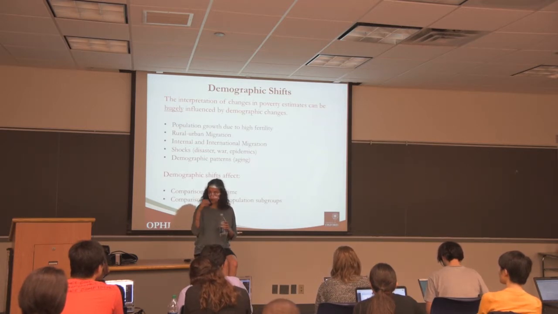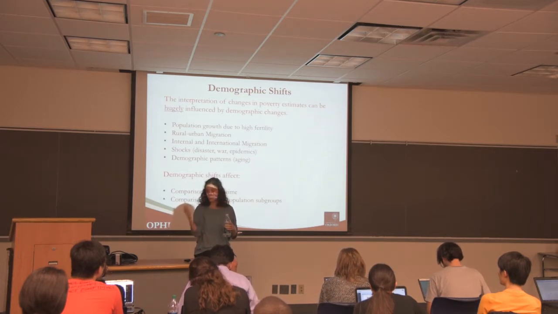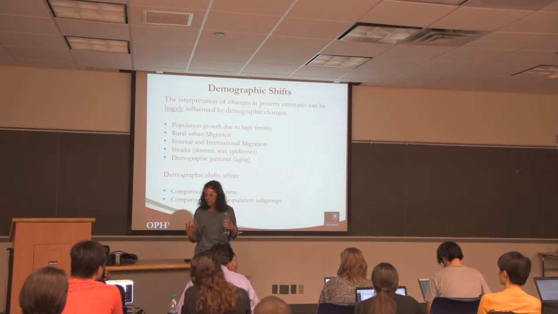Those are proportions of the population. When you interpret those results, you have to be careful to see how they translate into numbers of people.